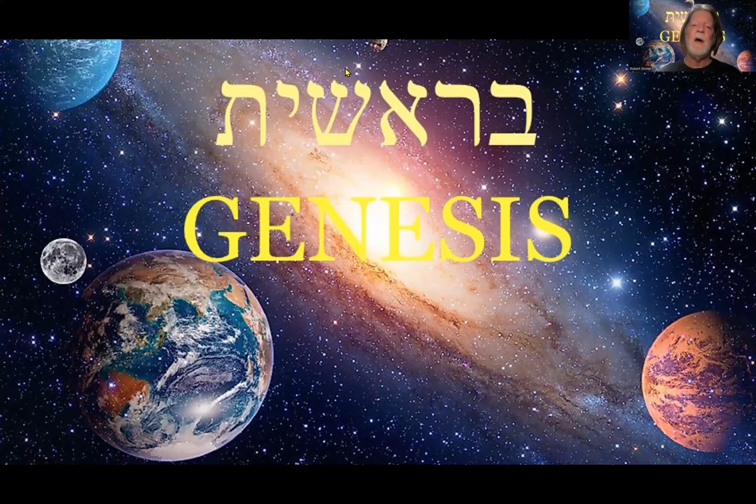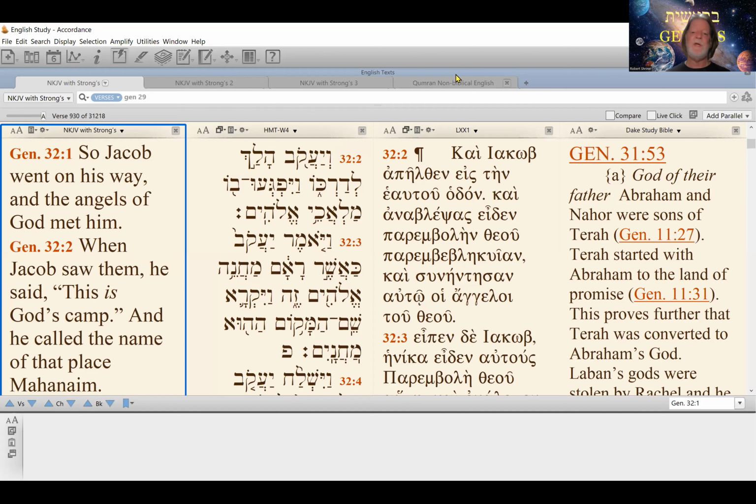Yes, it is. Okay, time for us to get to our text for today. And once again, we are using the Accordance Bible software. It's got some really great features on it, especially if you're interested in the biblical languages. So we have an English version of the Bible here that we'll use as our main text. It is the New King James Version, which I think is my favorite English version of the Bible.